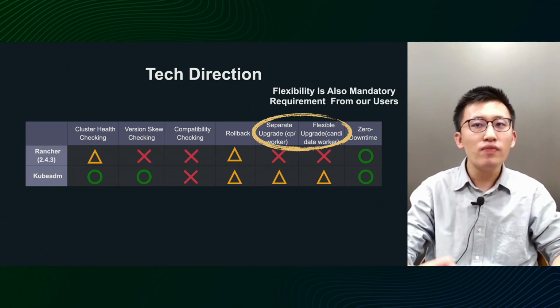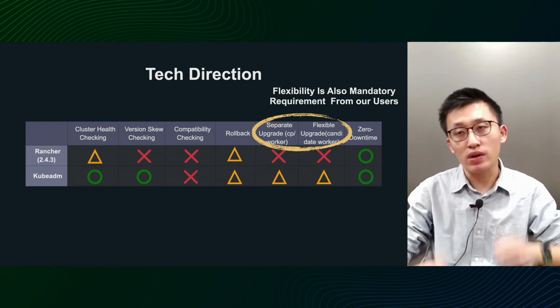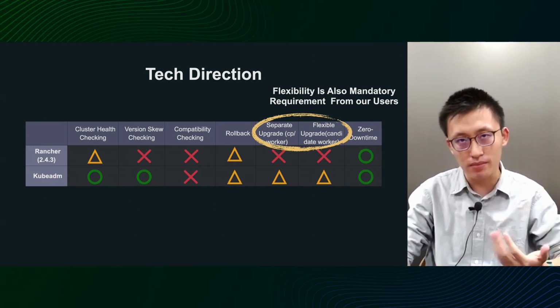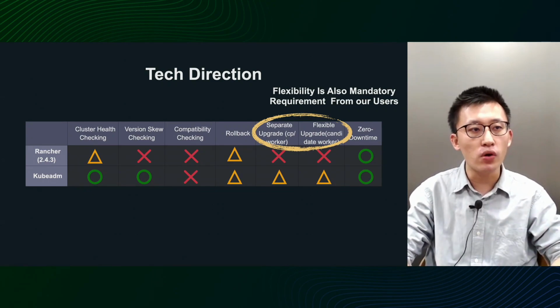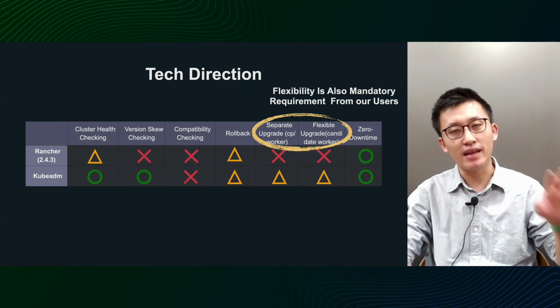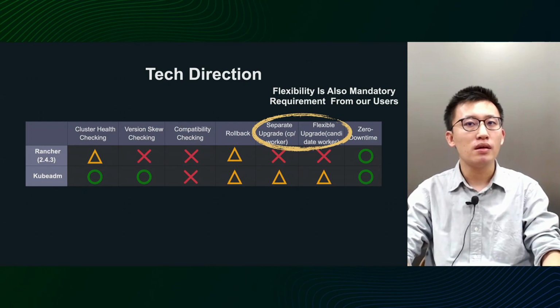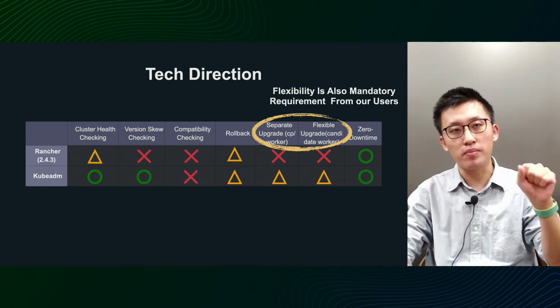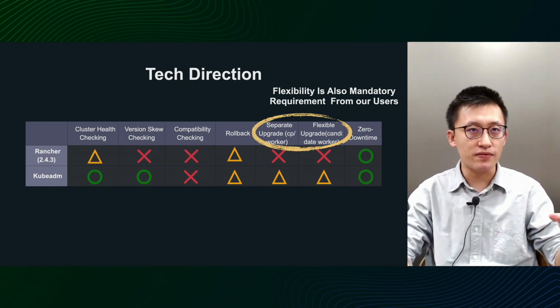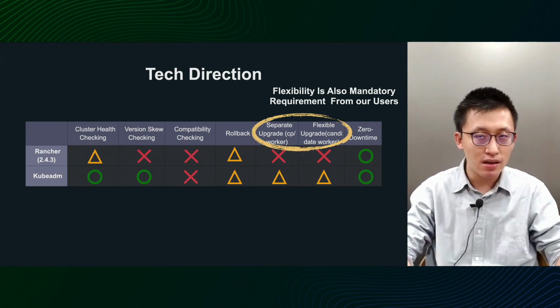In that case, which direction should we go? That's the question I have to ask ourselves before we touch any design or implementation, because the direction is very important. We may choose to implement it from scratch, right?